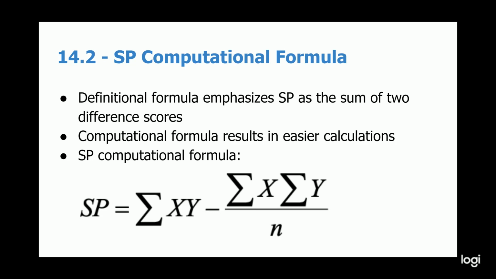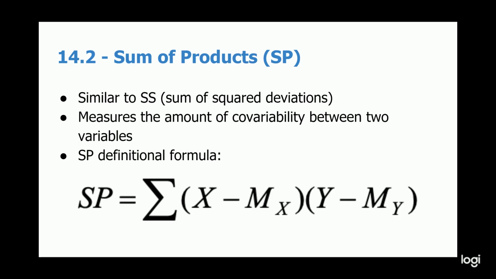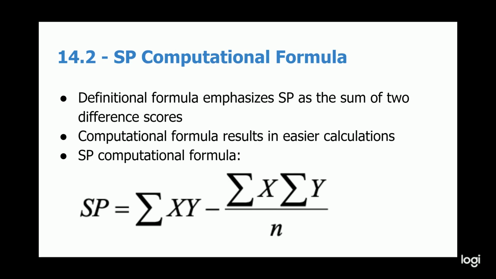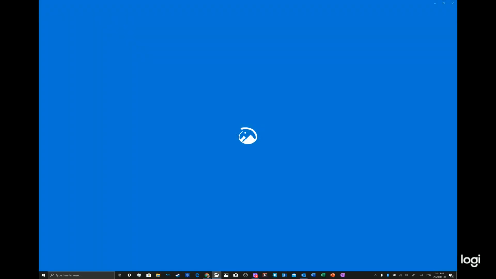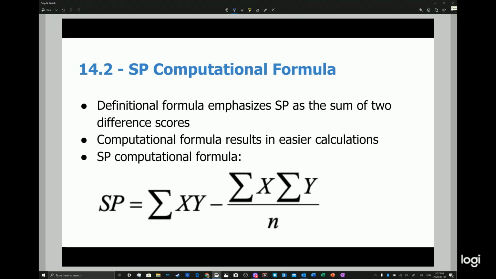Here is a computational formula of the sum of products, which is the same result, but using different parts. Again, the computational formula for the sum of products uses the same technique as the computational formula for the sum of squares.